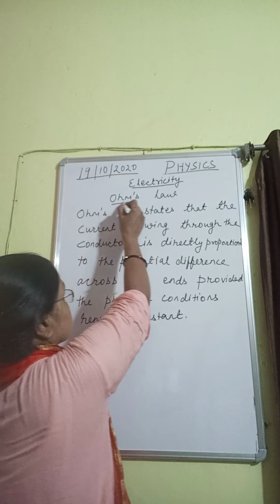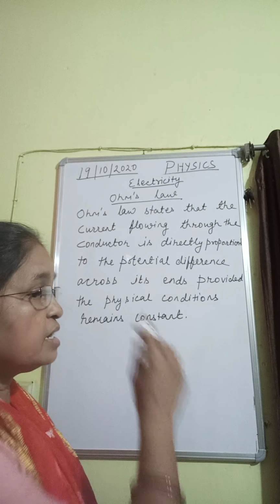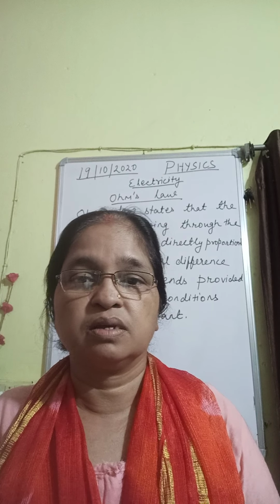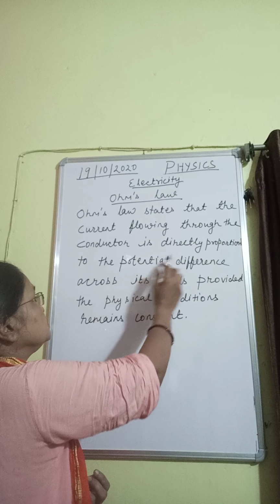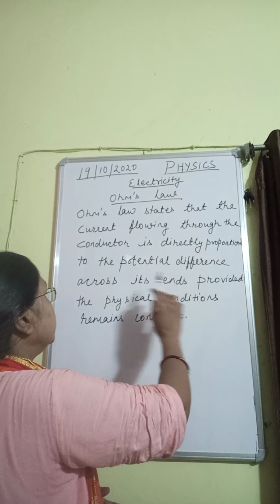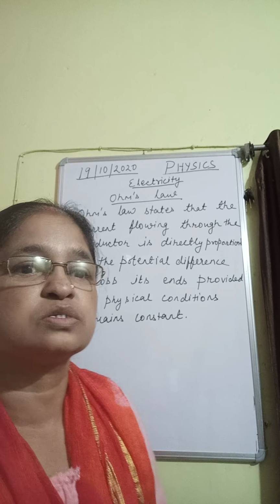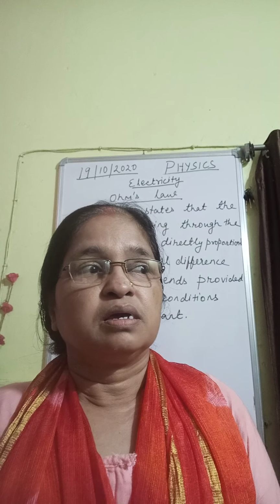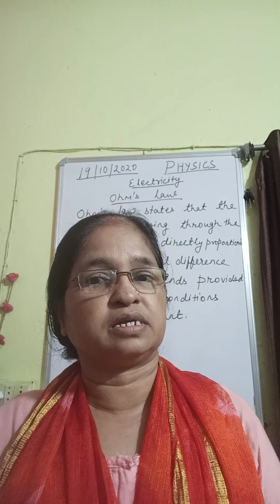Ohm's law states that the current flowing through a conductor is directly proportional to the potential difference across its ends, provided the physical conditions remain constant. Physical conditions here means the temperature, pressure, etc.